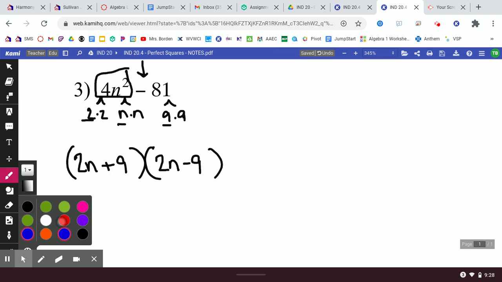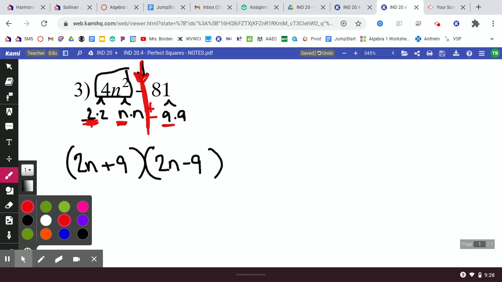So it is still one of these and one of these, and then one of these. So 2n plus 9, 2n minus 9. So you keep your minus sign here, right, is what should still separate everything, if that makes sense.